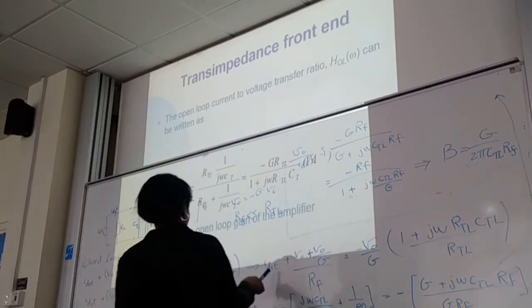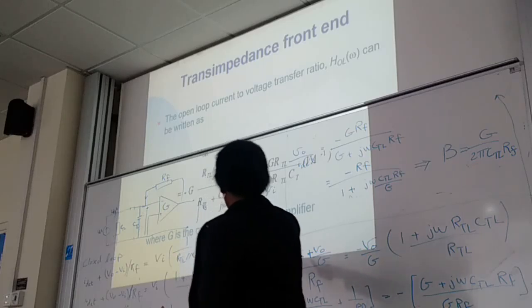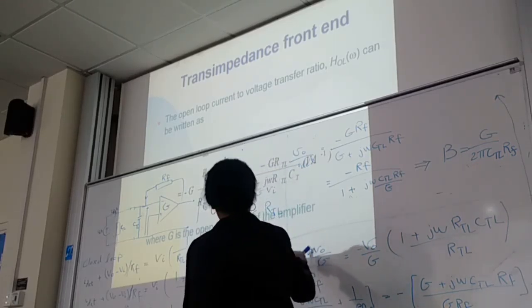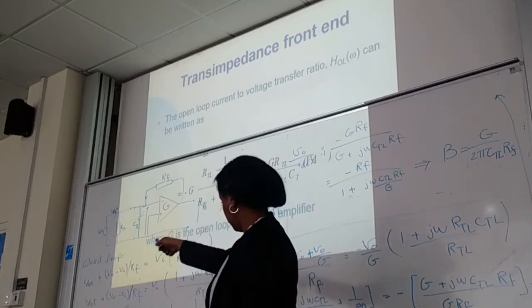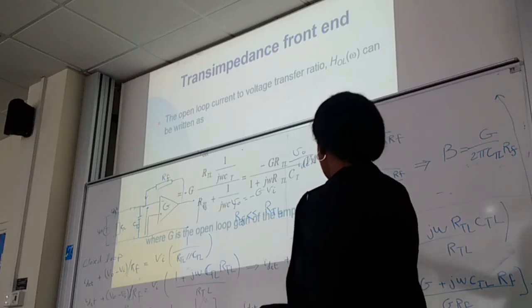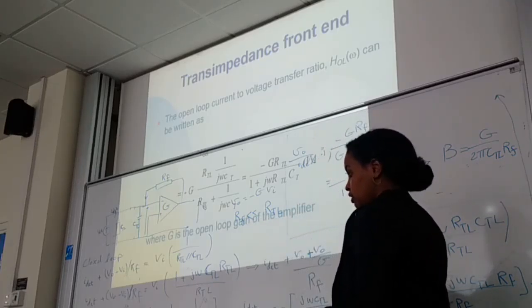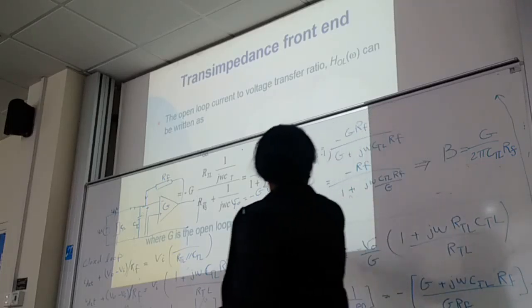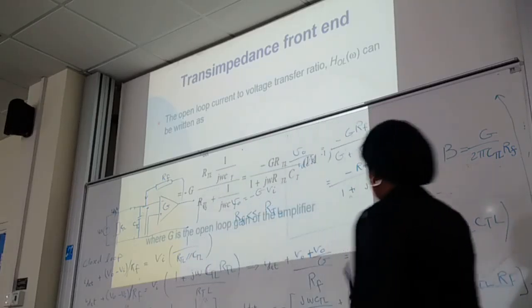So this is IDT as it is, VO as it is, V in replaced by minus VO over G. On this side, also V in replaced by minus VO over G, and here it's the same.